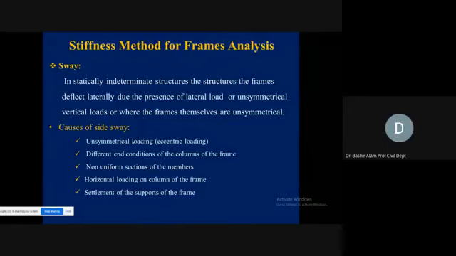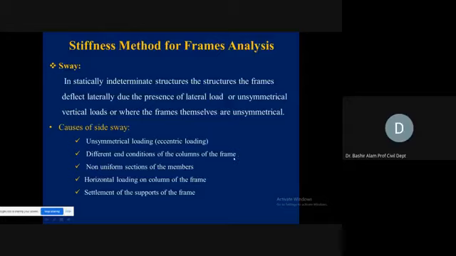Because of the unsymmetry, the loads will be eccentric, and because of the eccentricity, the frame is going to displace sidewise. Or the frame itself is unsymmetrical, or the geometry of the frame is unsymmetrical. So causes of side sway are unsymmetrical loading, meaning eccentric loading.